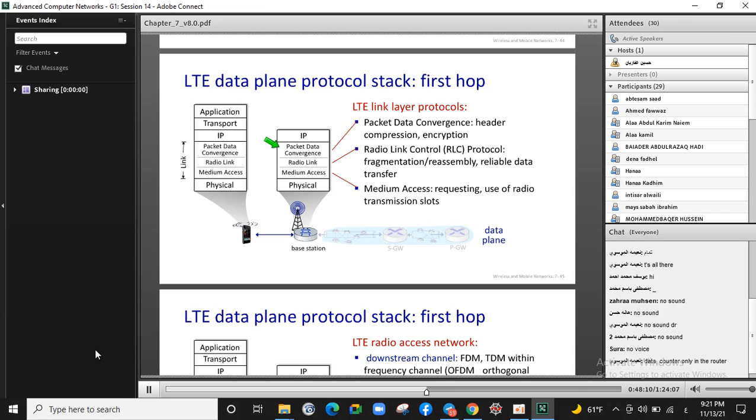So you can see here that when the BTS is connected to the wireless side, it has to use a wireless MAC, a MAC for wireless technology, for LTE technology.